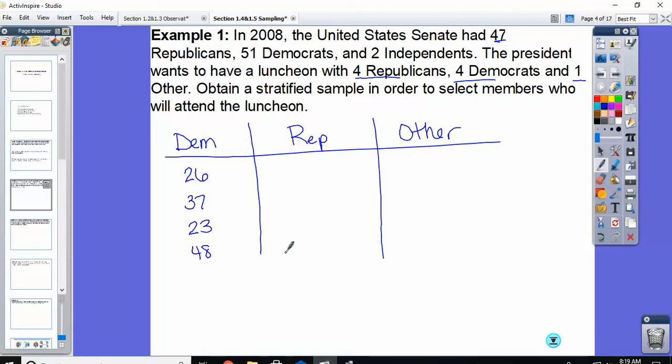I have 47 Republicans, so I do 1 to 47. And if you just keep hitting enter, it'll tell you all of them: 12, 27, 32, and 20. So you take the person in each of those positions. For the other, again, set your seed. Let's say I did 4 this time.